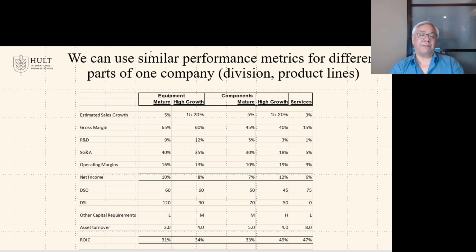Here we break our company into different groupings of equipment versus components, high growth versus mature parts of our product portfolio. And again, we use the same metrics. If you look at the rows here, there's still R&D, their gross margins, net margin, DSO, DSIs. So we use the same metrics across different scenarios, and they all give us some insights.